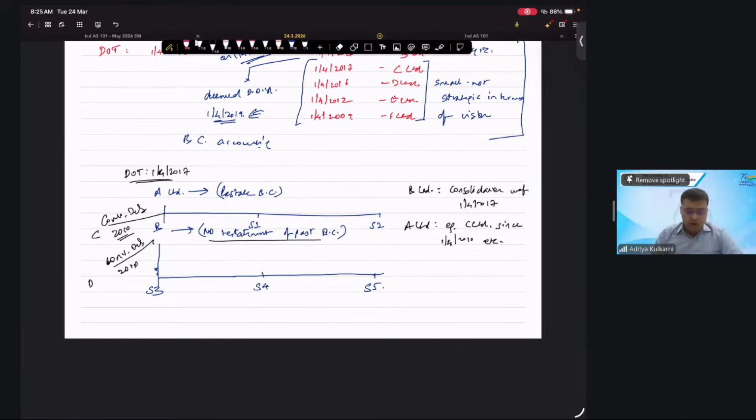Now understand. A's subsidiaries comprise B, D, S3, S4, S5, and S1, S2 also. Let us assume that they are also part of that. Tell me, will all these be consolidated in A's CFS?